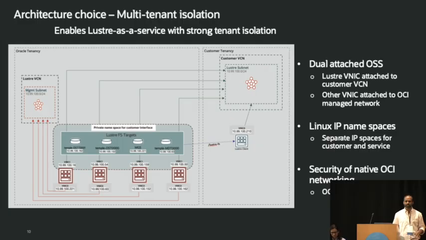They don't have to worry about what IP space we use in OCI. So there is an isolation there. And since we use VCNs, customers can use VCN features like security groups and security lists to secure traffic within or outside the VCN.